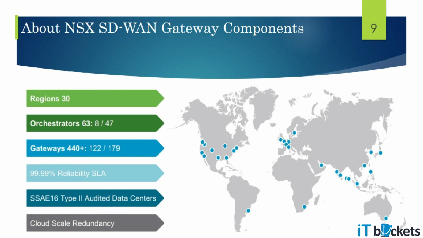So in this slide you have seen the gateway components. There are multiple regions where you can see blue circles of gateway presence around the world.